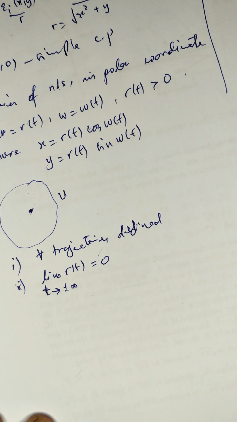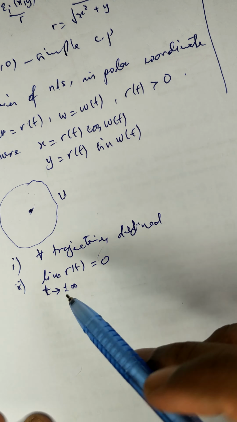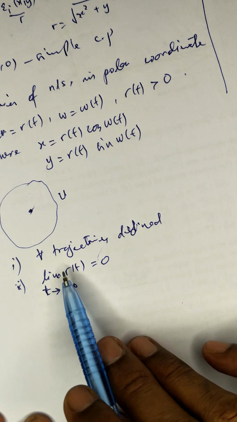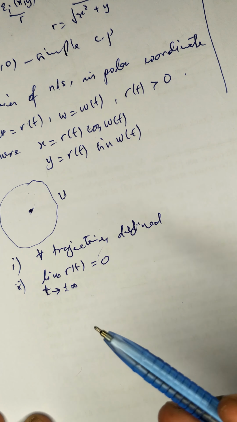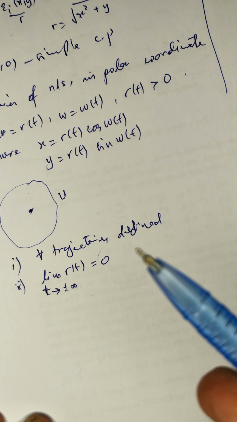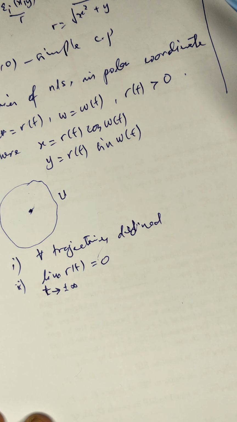We have these two conditions for the trajectories of the system near the critical point.